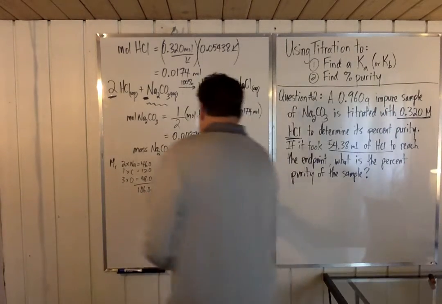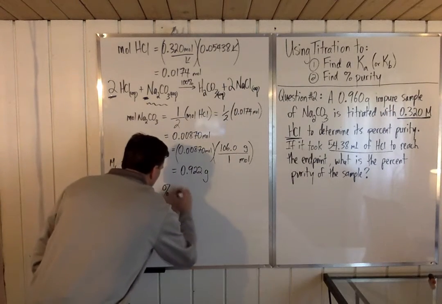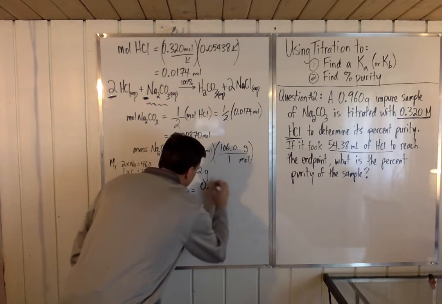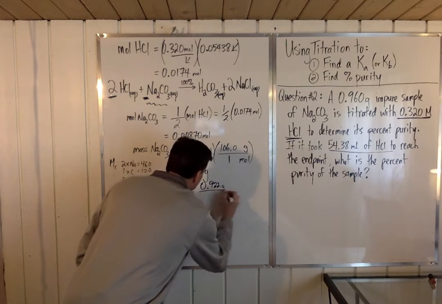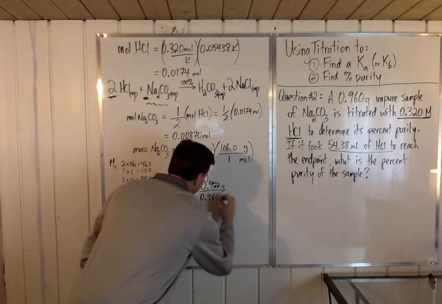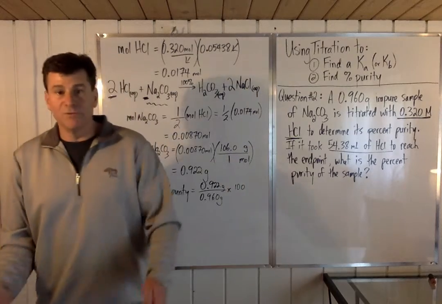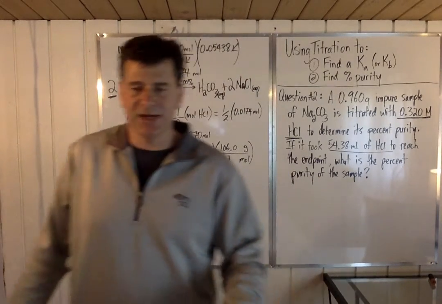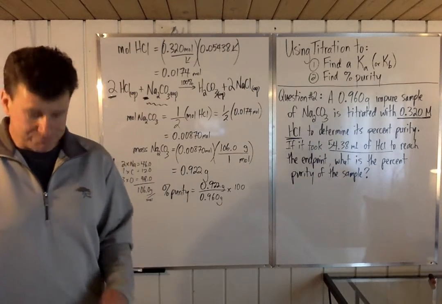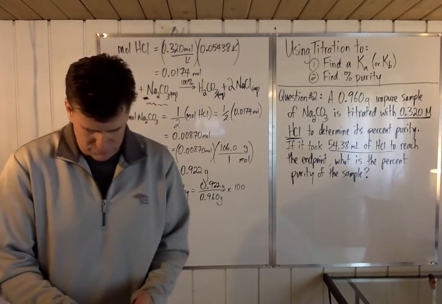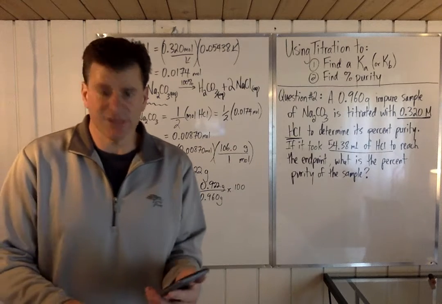So the percent purity will be 0.922 grams divided by 0.960 grams. And we're going to move the decimal 2 places to the right because it's a percentage. Notice that the grams cancel, right? The units cancel, so you end up with a percentage that's a unitless value.